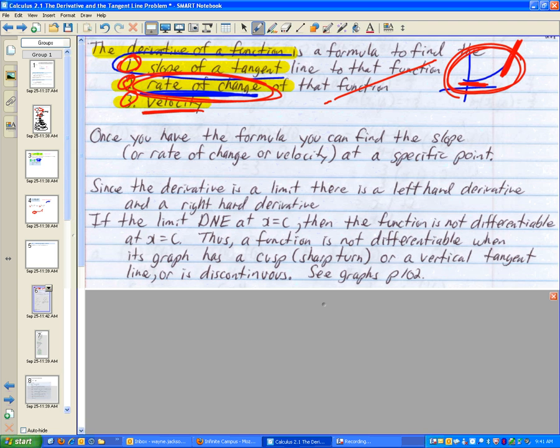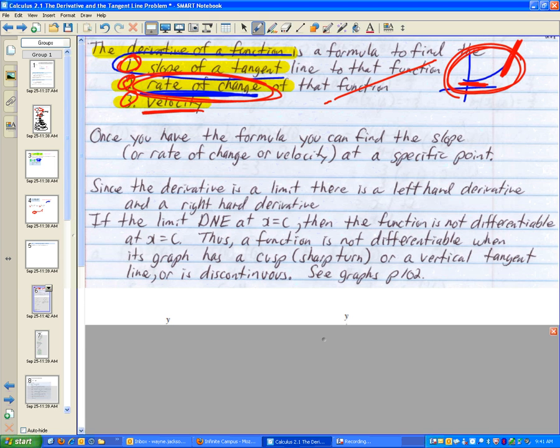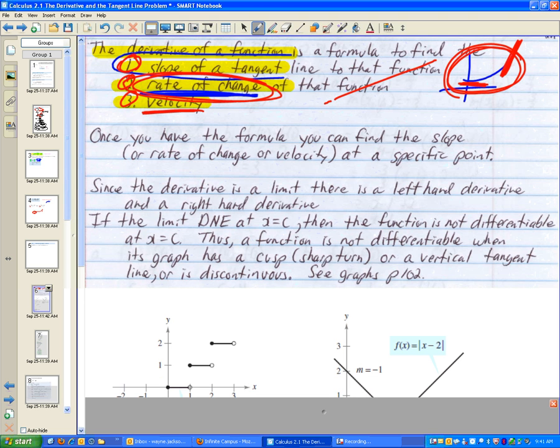Now, since our limit is the slope of a tangent line, here's where this differentiable and continuity comes into play. We said that if the function is differentiable, you can conclude that it's continuous, but not the converse of that. Because if you have a function that does this, has that really sharp point on it there, that's called a cusp or a sharp turn.